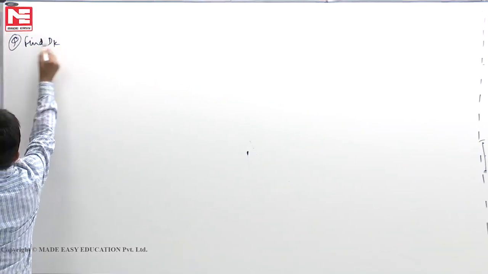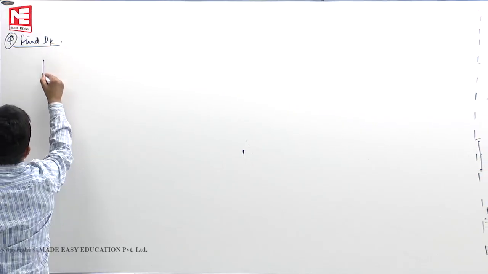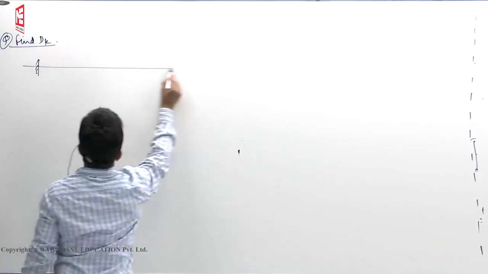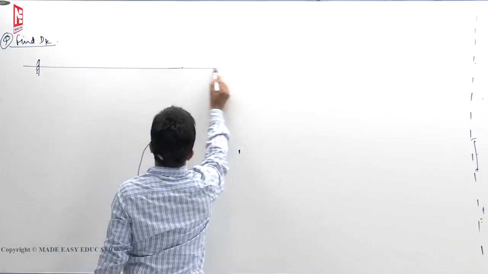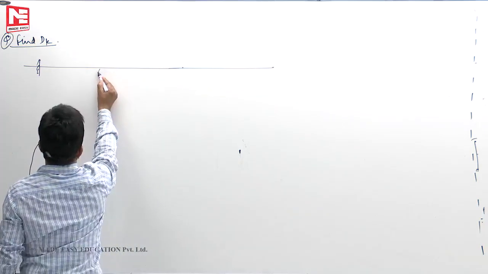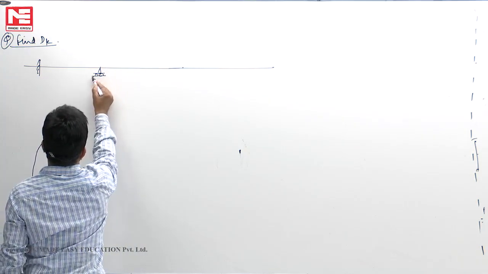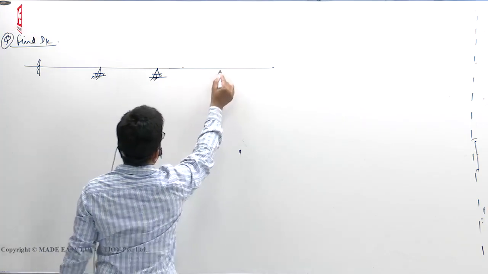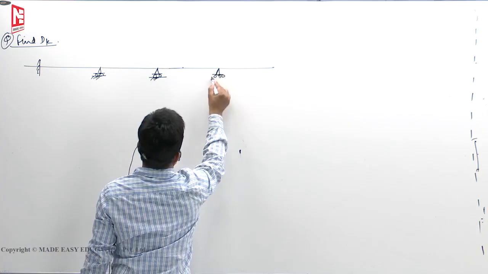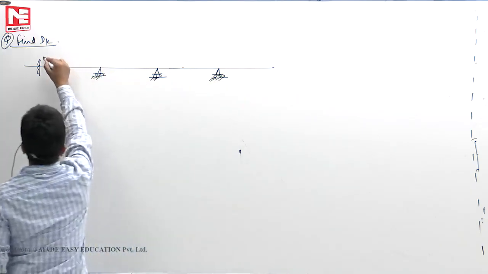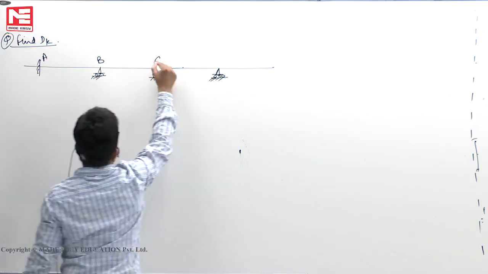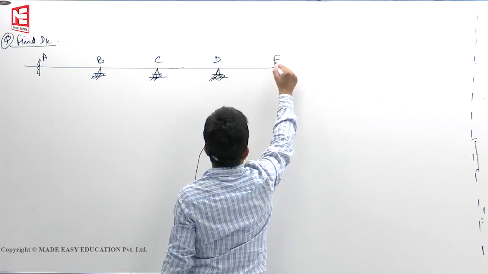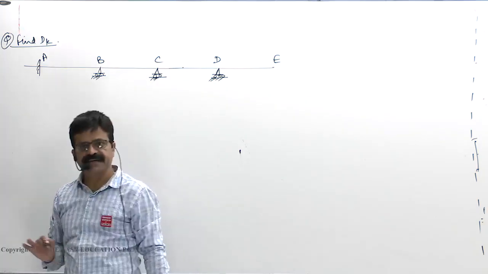Now find dk. Supposing that you have like this A, B, C, D, E. Simply they said find dk.